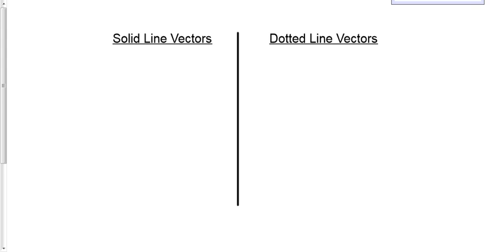So now I'm going to categorize those solid line vectors and dotted line vectors to make these word relative motion problems a little bit easier. First of all, solid line vectors are vectors that contribute to the overall motion.